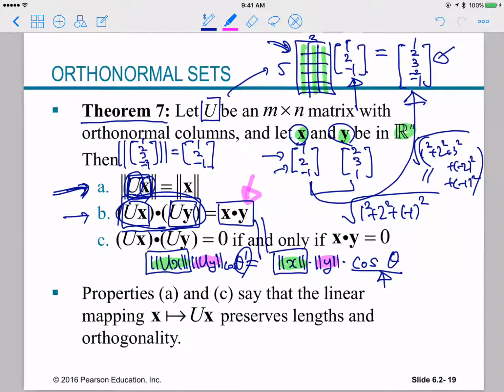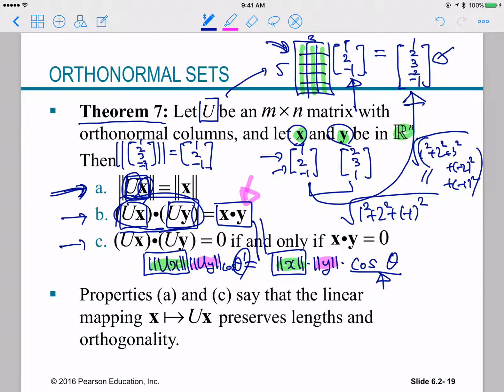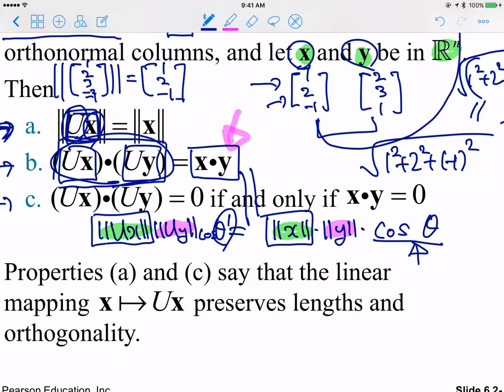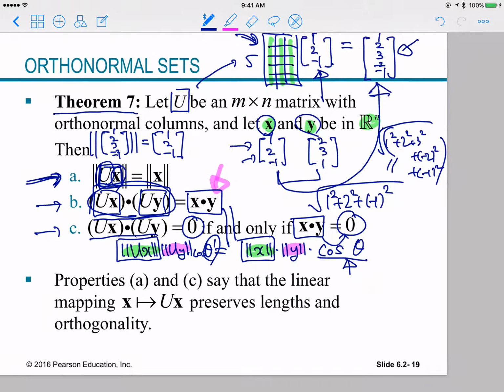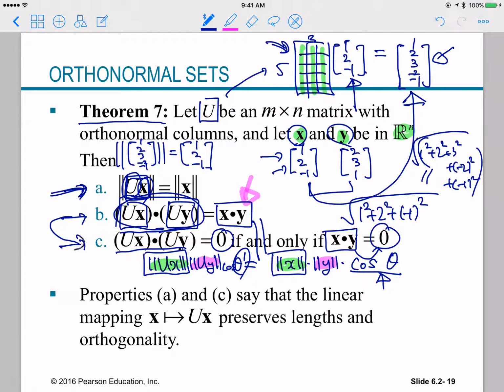Then the third item says that if the inner product of x and y was 0, the inner product will also be 0 when they are transformed into five-dimensional vectors. The third item is not a new thing; it's just a special case of item B, because if this was originally 0, then this one should also be 0. So the third one is nothing new.